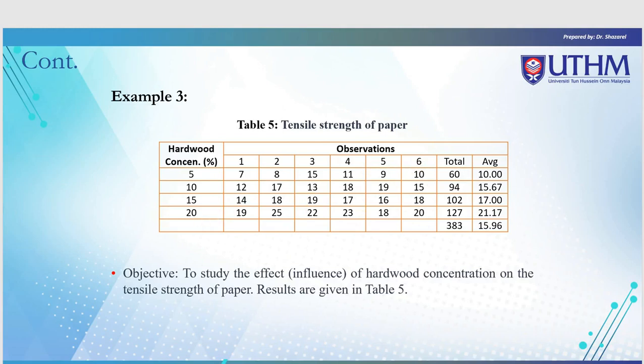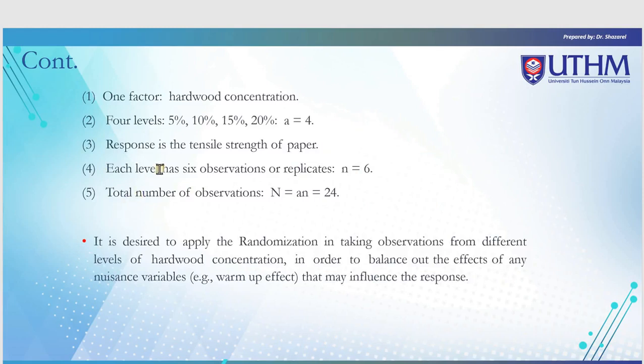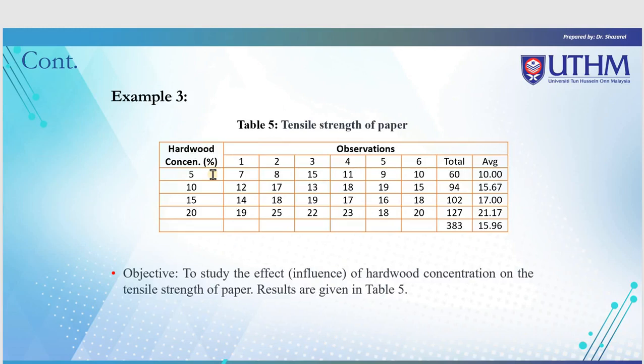Okay, 24 observations. You can see here we extract the information from the table just now: how many replicates, how many observations in total, and the levels. In this example, we want to show you that even though we have different levels of percentage of the hardwood concentration, with 6 observations for each level, when conducting the experiment we are not doing it level by level.